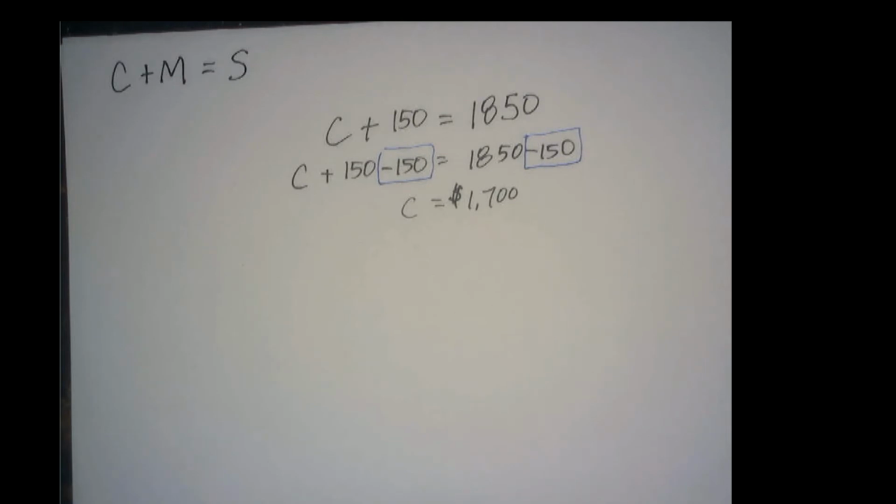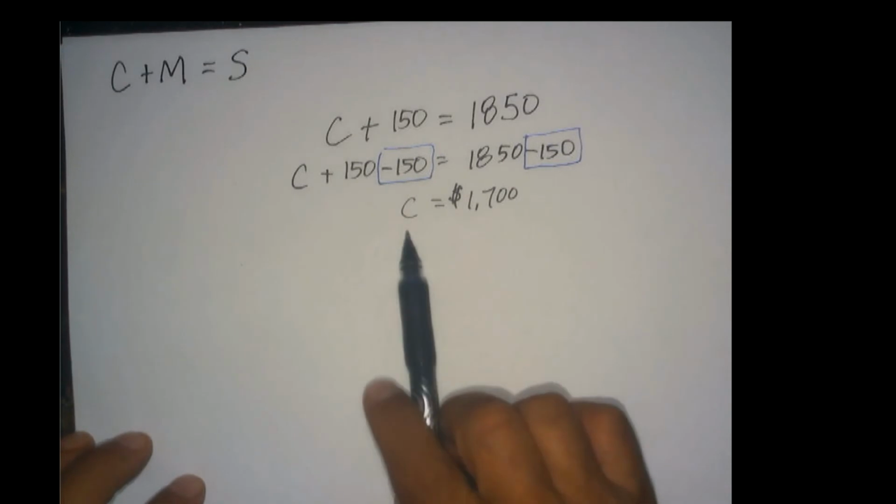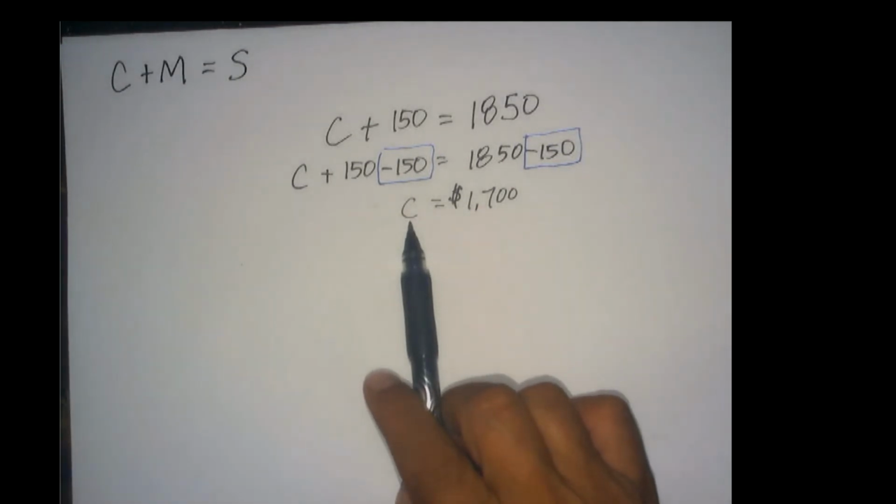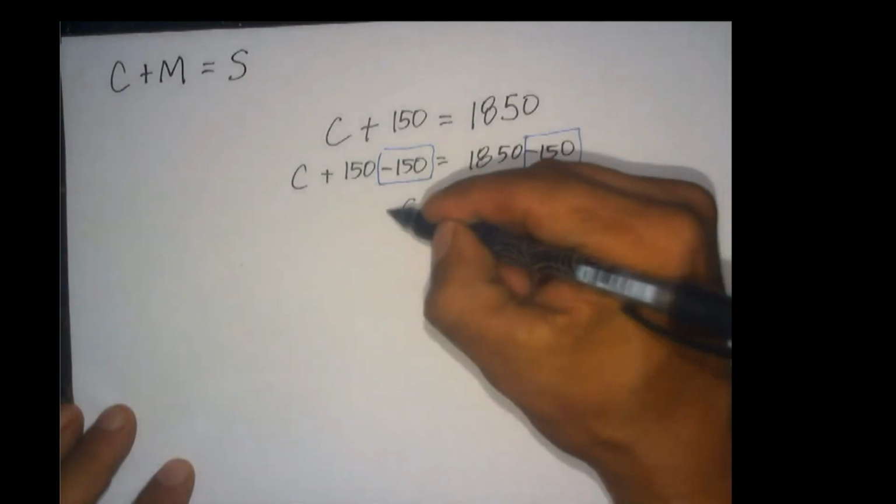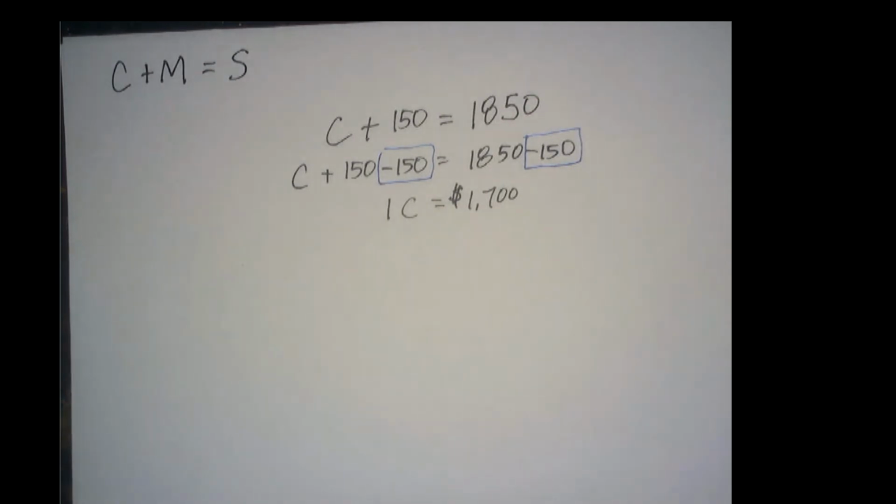So if there's a term in front, I want to multiply by something so that I get 1c, right? So we're going to do the same thing. The only difference is instead of adding to both sides, we're going to multiply both sides.